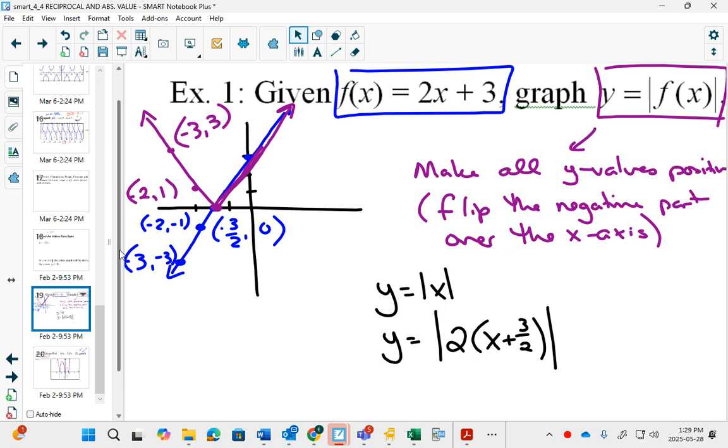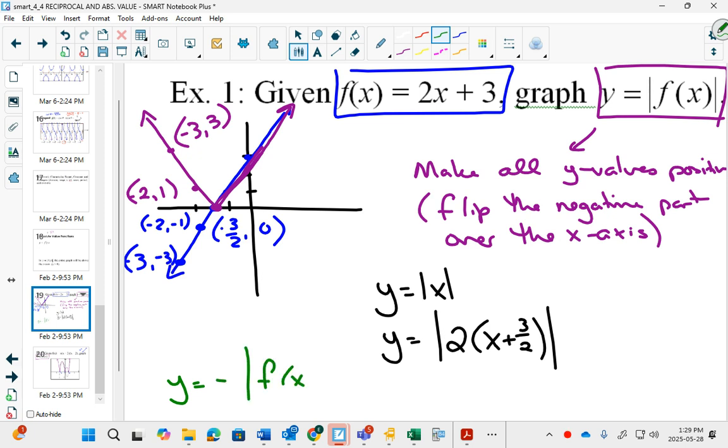So let's say they gave you f of x, which we drew in blue. Then they gave you the purple one, absolute value. And now they're saying, could you graph the following? So it's mixing the absolute value with transformations.